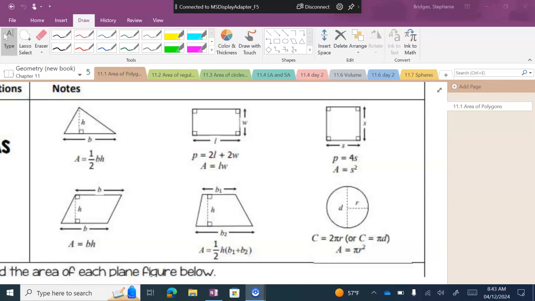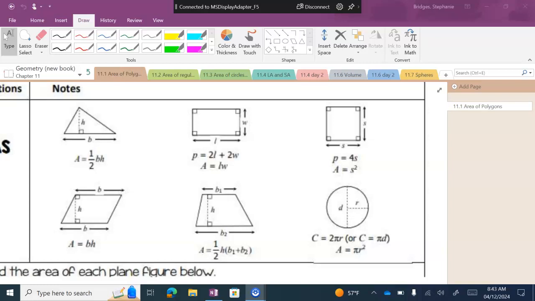Is a rectangle a parallelogram? Are opposite sides parallel? Yes. Is a square a parallelogram? Yes. So essentially, all of these, even though they're showing separate formulas for a rectangle and a square, any parallelogram, the area is going to be the base times the height.